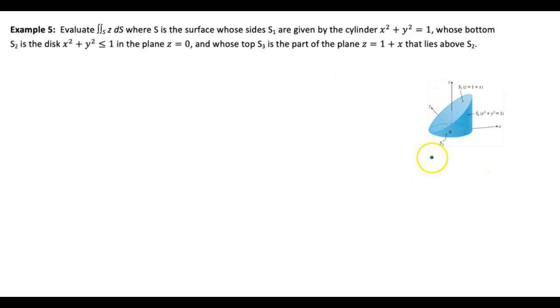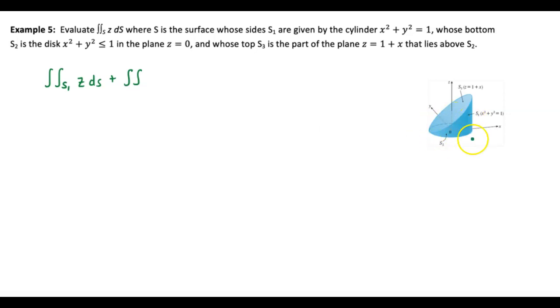If you weren't given an image, in this case, it might be a great idea to use Mathematica to graph this. Because we have these 3 different surfaces, each of these surfaces is smooth, and each of these surfaces is connected. So we've got the first surface, the cylinder, and we're going to break this up into the double integral over S1 of z dS, plus the double integral over the region S2, which is underneath this cylinder.